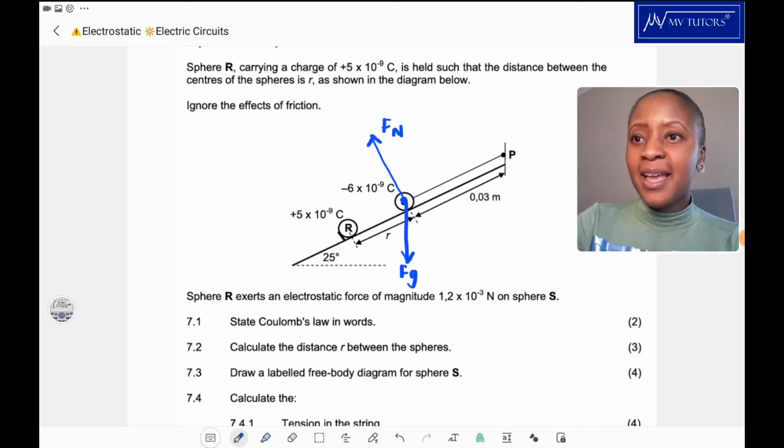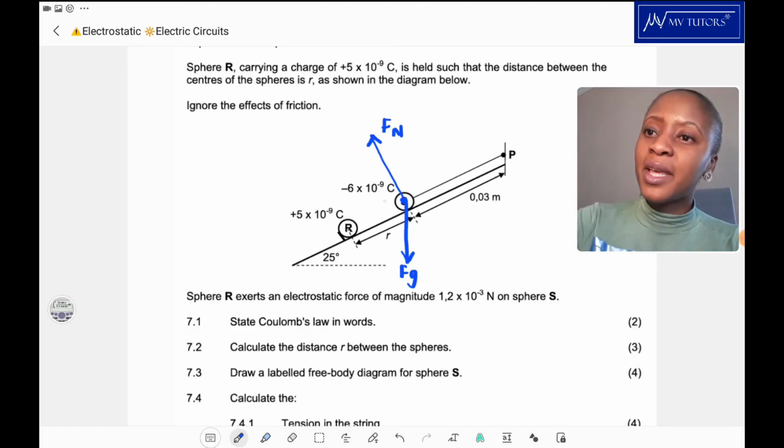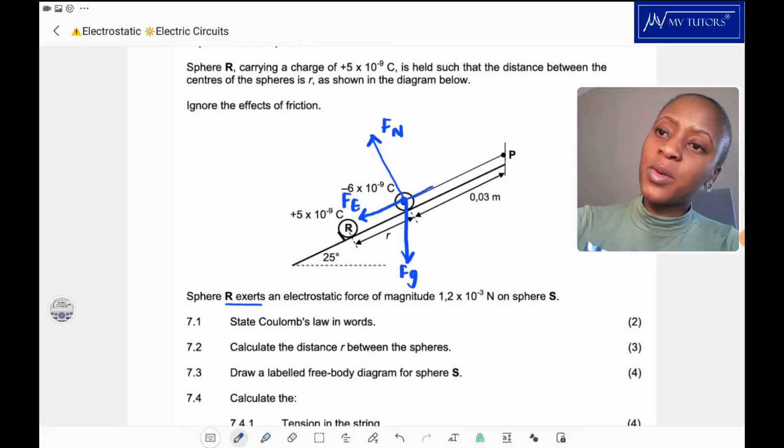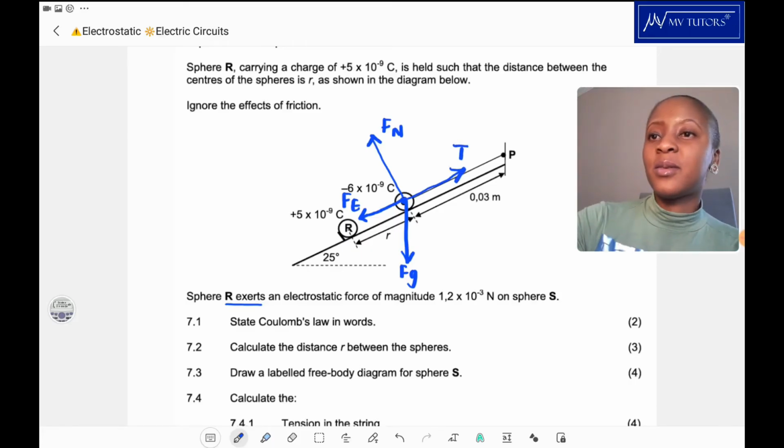And then remember we had that force due to R. This one, the electrostatic force, I'm just going to say Fe. Then we have the tension force going up there. So, force of tension.